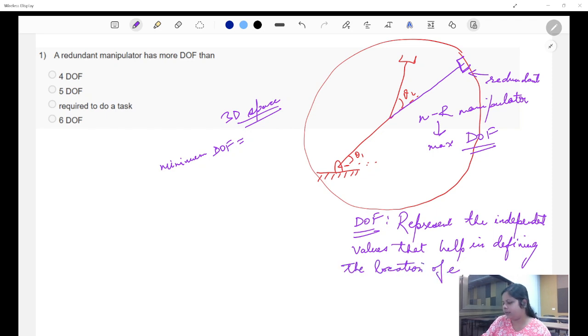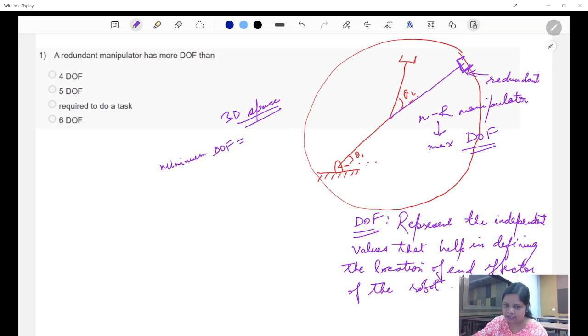I'm talking only about the end effector in robotics terms of the robot. So this is your degree of freedom. Now, if we want to reach a point in 3D space, this 2R will definitely go in 2D space. Let's say we had a 3R manipulator and then we want to go in 3D space.